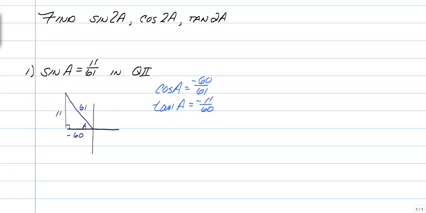Okay, so the first thing we're going to do is find the sine of 2a. The sine of 2a is given as 2 sine x cosine x. So that's just going to be 2 times 11 over 61 times negative 60 over 61. And again, if you're not working with big crazy radicals or fractions, guess what?